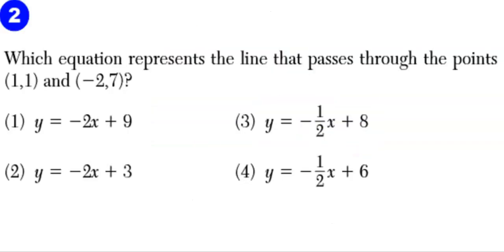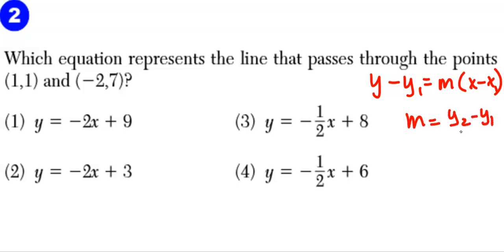Question number 2. Which equation represents the line that passes through these points? Again, there are two ways to solve this. You can solve this by using the point-slope formula, which requires you to find the m value using this slope formula.